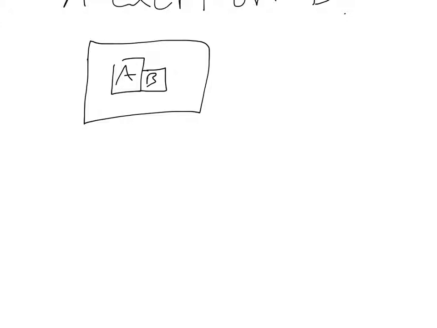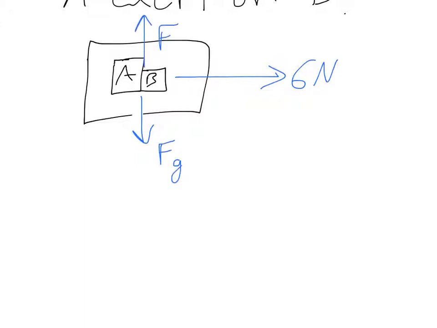If we look at the entire system, everything inside of this box, then there's an interaction between A and B, but that interaction does not affect the whole system. The only force that we really care about is going to be the 6 newtons that I'm pushing on the entire thing. There will also be a force of gravity and a normal force, but since those are equal, they'll cancel each other out.